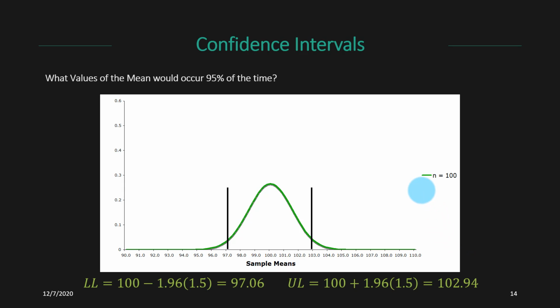When n is equal to 100, our sampling distribution gets tighter, and we can now see that 95% of sample means are going to fall between a score of 97 and a score of 102.9. So 95% of sample means will fall within 1.96 standard errors still, but the definition of a standard error has changed because our sample has gotten bigger.